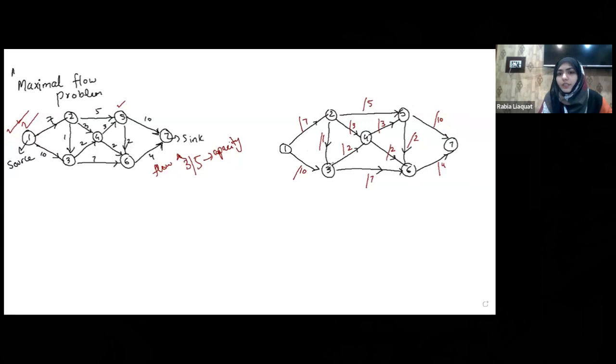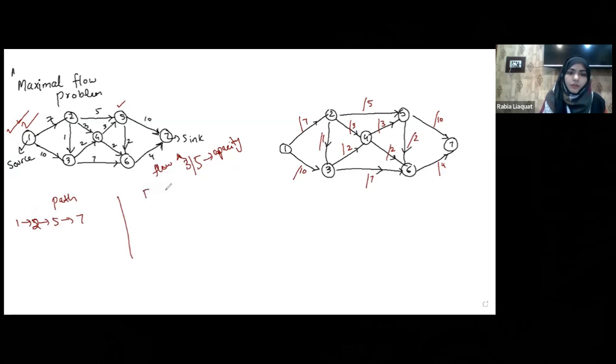The second one is 1 to 3, 3 to 6, 6 to 7. So let me write the path: 1 to 2, 2 to 5, 5 to 7.